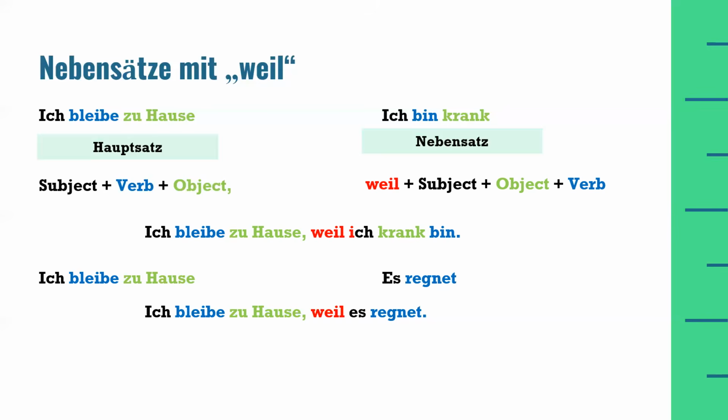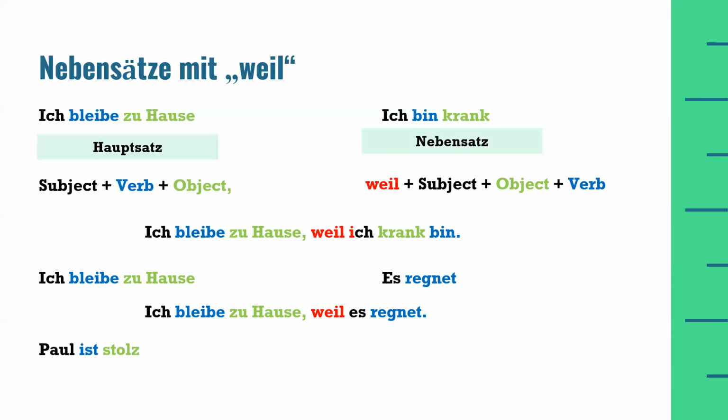Then comes the subject, which is es in this case. We don't have any object in this case. And at the last position of the sentence, we have the conjugated verb regnet, because it is the conjugation of regnen with respect to the subject es.